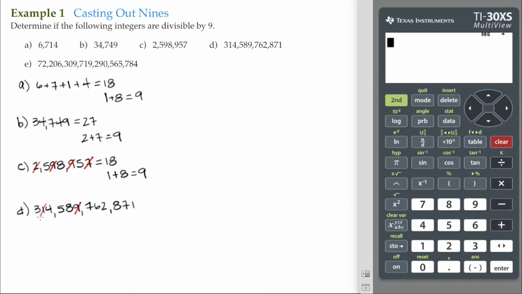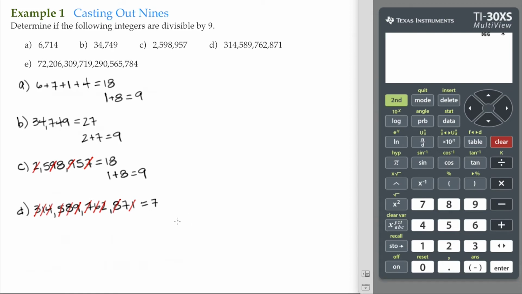I've got a 1 and an 8 right here. A 4 and a 5, that sums to 9. 7 and 2, that's going to sum to 9. 3 and 6, that will sum to 9. 8 and 1, that will sum to 9. So we're left with 7.